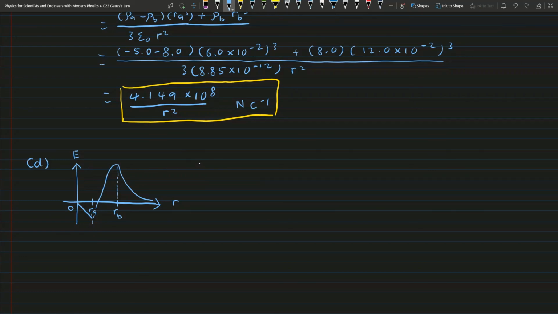And what we can claim is that this field is continuous at the edge of the layer.